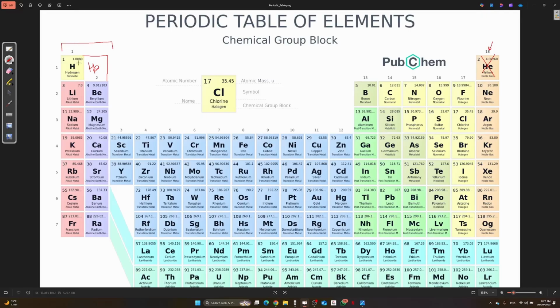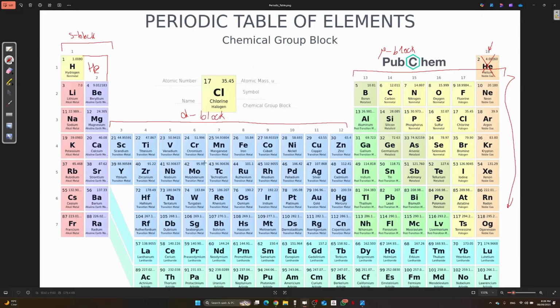Everything in these 2 columns, from hydrogen down to francium, and from helium down to radium, this is what we call the S block. Everything here, from boron till neon downwards, this is what we call the P block. Everything here from scandium to zinc is what we call the D block.